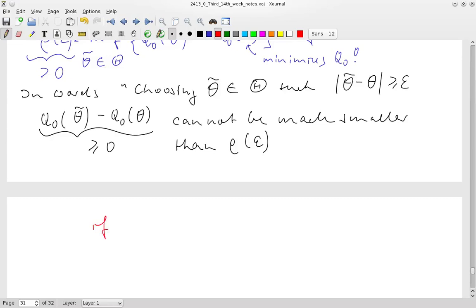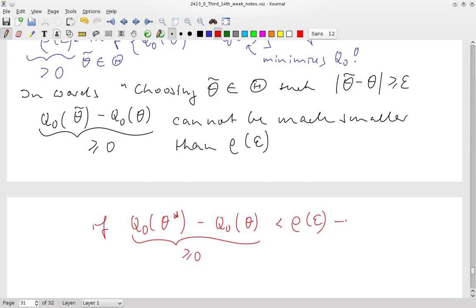If you find a value, call it theta star, which you plug in the q naught function, and you compare the function value with the q naught evaluated at theta, and you happen to find out that this difference, which is obviously something that is bigger than or equal to 0 as usual, is actually smaller than this rho of epsilon, what you can conclude is that this theta star obviously is closer to theta than epsilon.